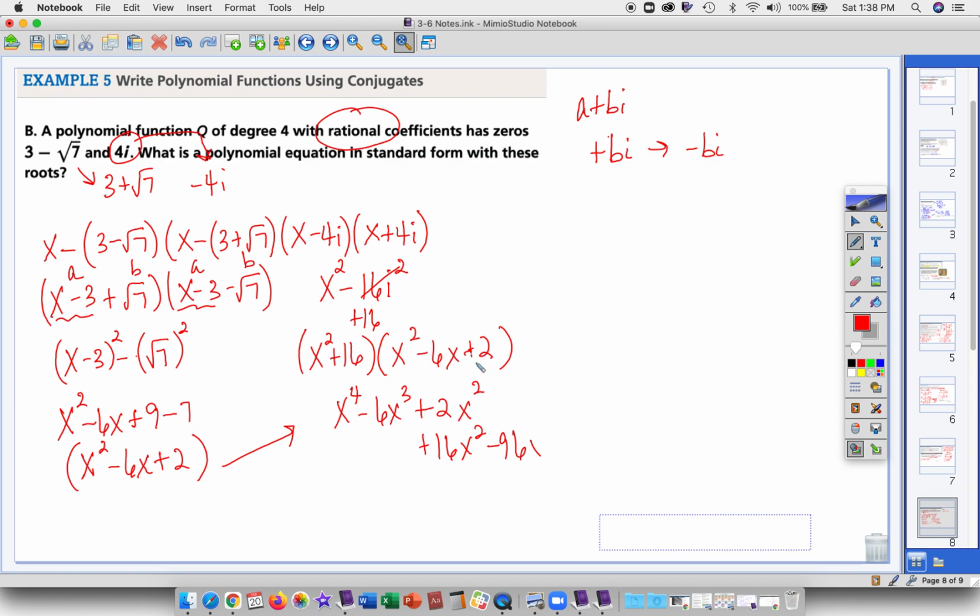Minus 6x cubed plus 2x squared. Okay, that looks better. Now we have minus 16x squared minus 96x and then plus 32. We add up all these terms. We should get that, and we do. Okay, good.